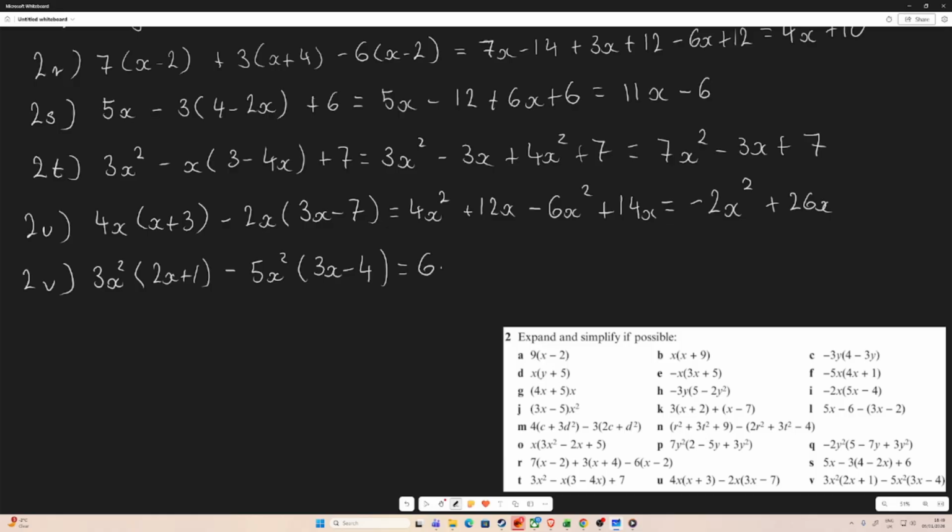That will be 6x cubed plus 3x squared minus 15x cubed plus 20x squared. So that is negative 9x cubed plus 23x squared. Thank you very much.